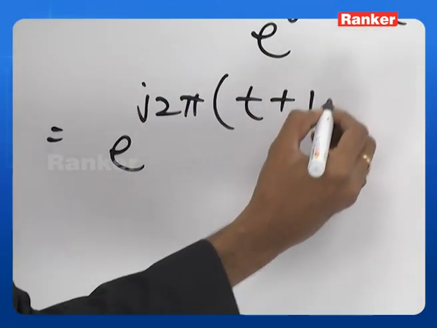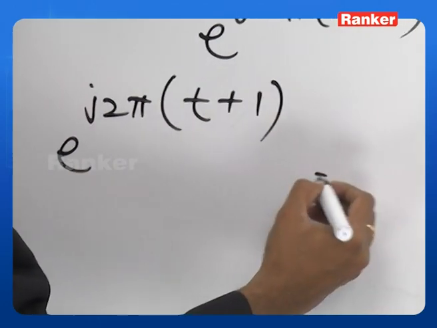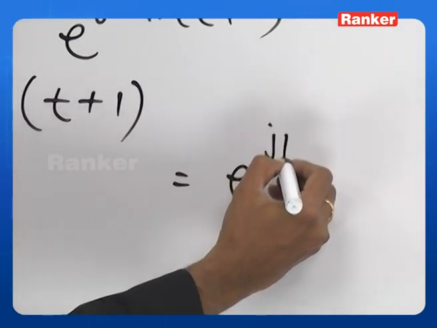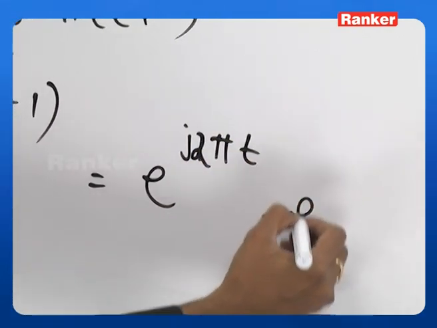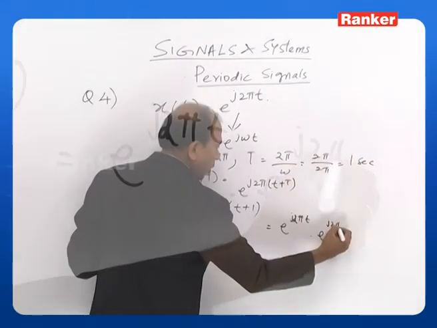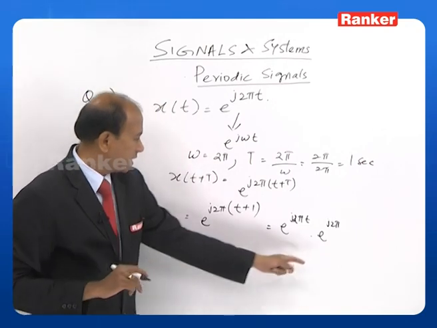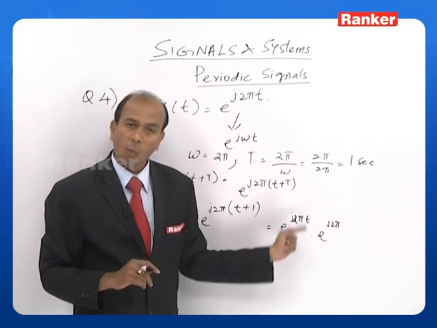Here it is 1. So, this is nothing but e to the power of j 2 pi t into e to the power of j 2 pi. So, this is again equal to 1.